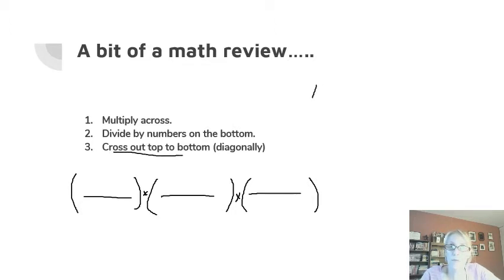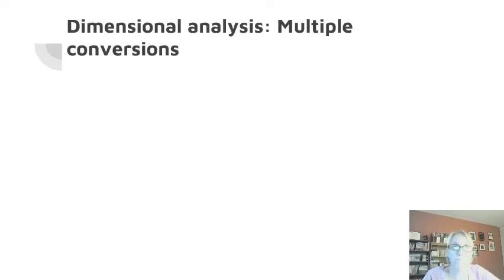So remember, you may have done this in grade school where you had like 100 over 10, and you learned to cross out the zeros. So you could do the math in your head. So 100 divided by 10 is 10. It's the same principle here. So again, we can cross out when they're diagonal, which means one's on the top and one's on the bottom. Okay. So let's do some with multiple conversions now to see how this works.